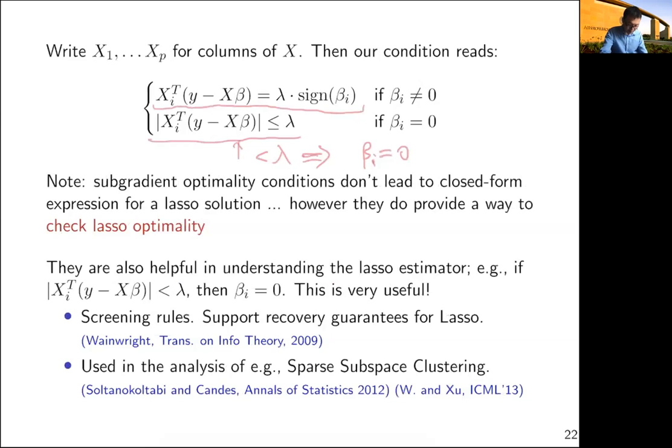Some of the analysis pioneered by Candes et al. in Annals of Statistics were later extended to a robust version by me and my co-author. The key technical results in these are nothing but just the subgradient calculus.